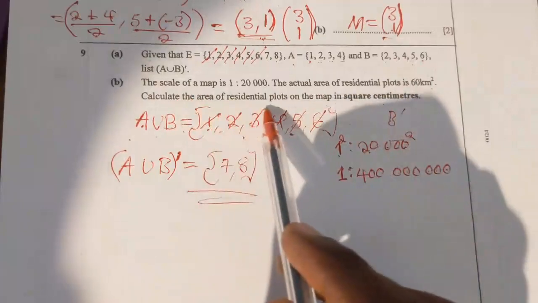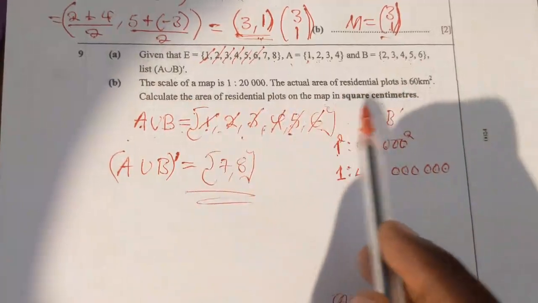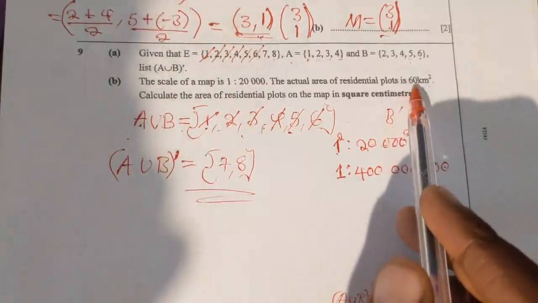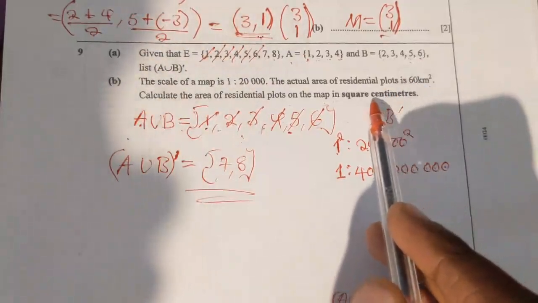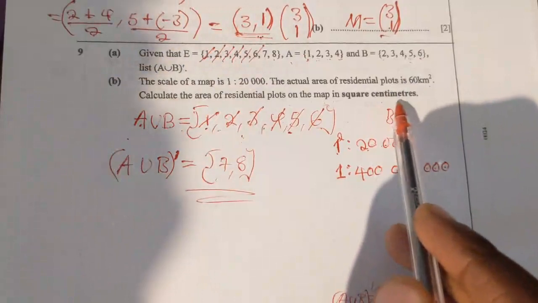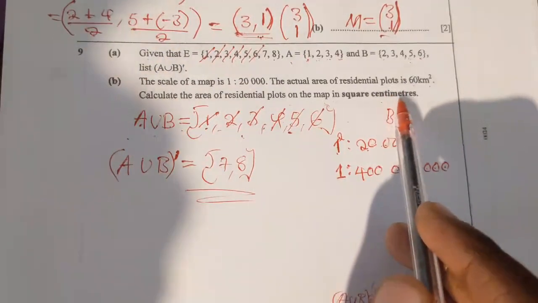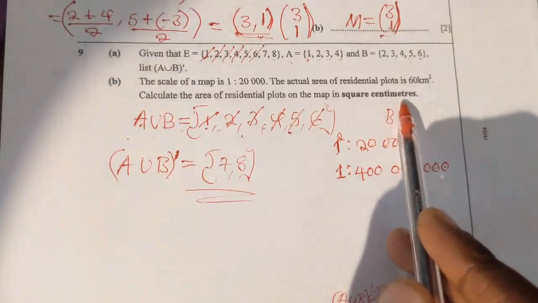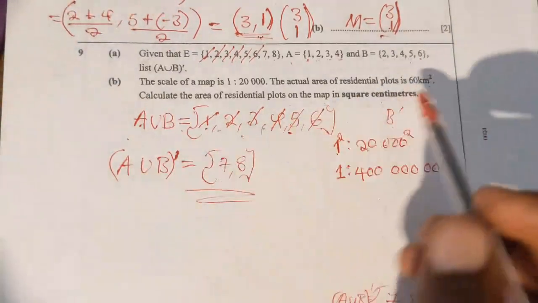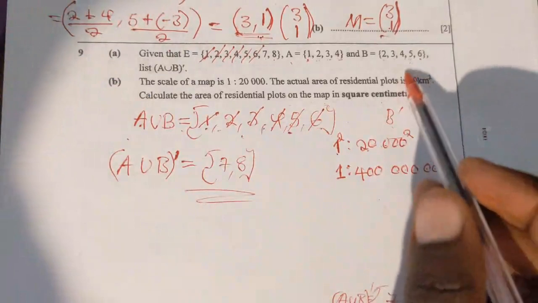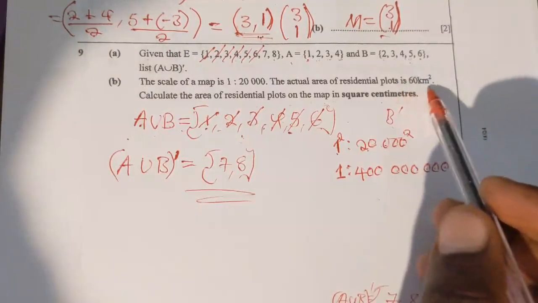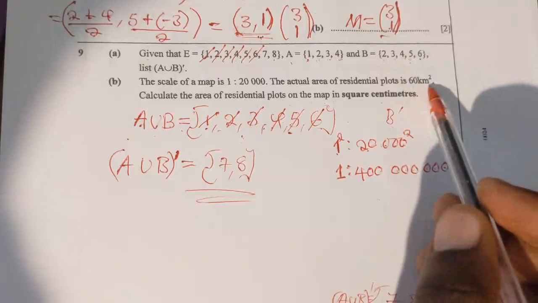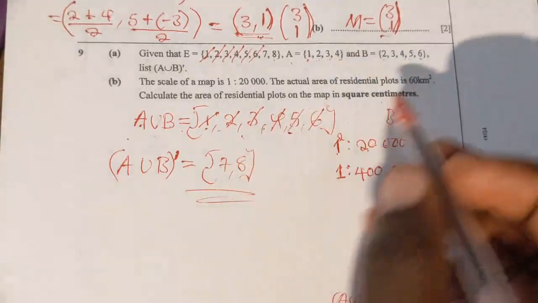Calculate the area of the residential plot on the map in square centimeters. So this is in kilometers, but they want it in centimeters. What you need to do first is convert this to centimeters.